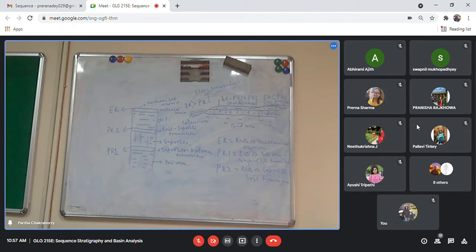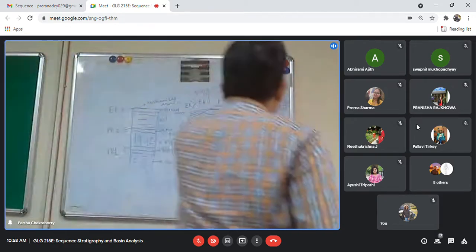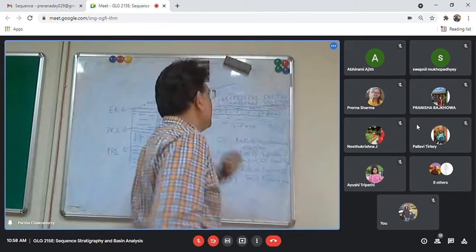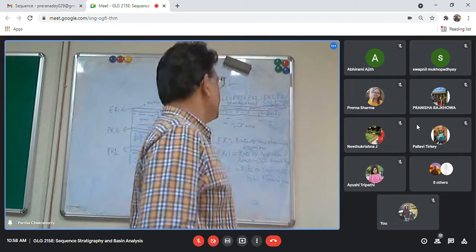Is it done? So what is written below soil profile? Soil profile, this one, soil profile formation. Okay, sir.